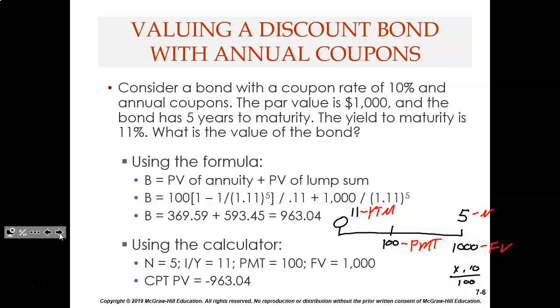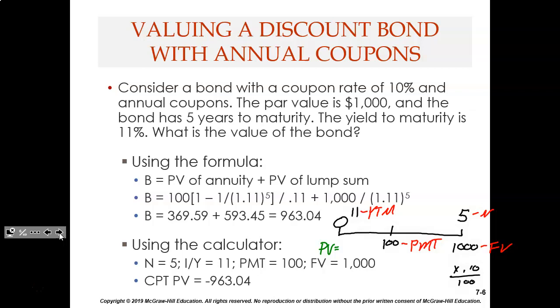And of course, what we're looking for is present value. Okay, so if we key that into our calculator, you can see that you'd come up with a present value of $963.40.